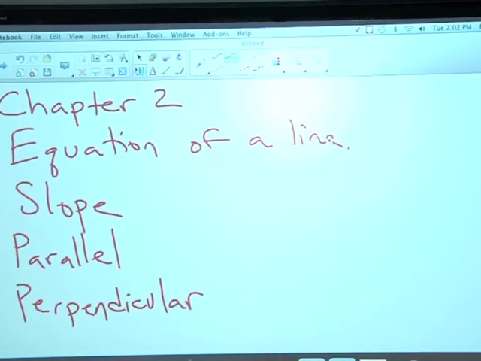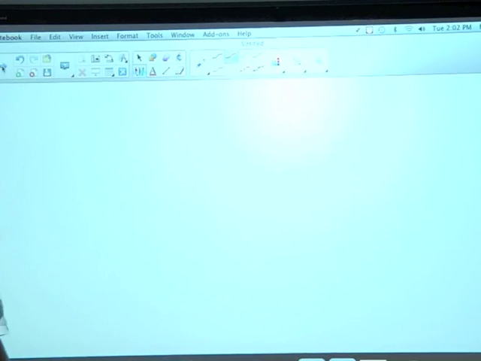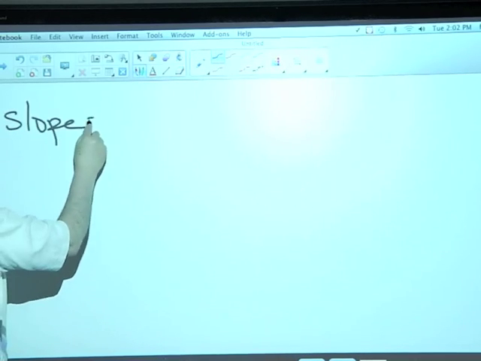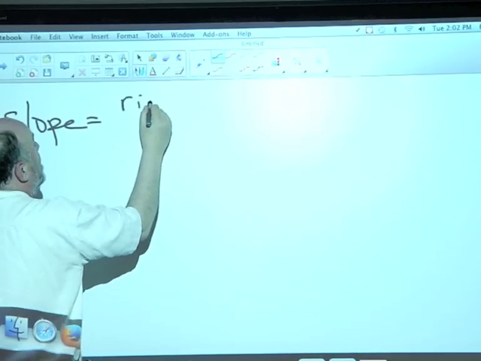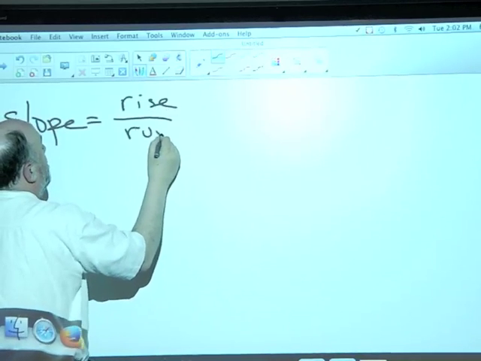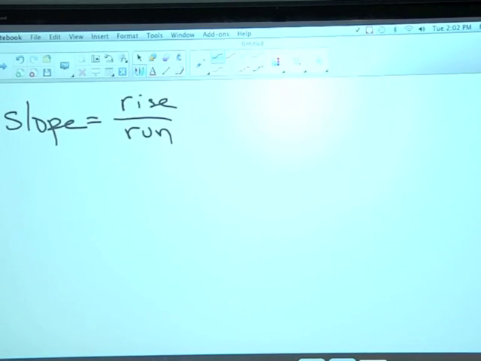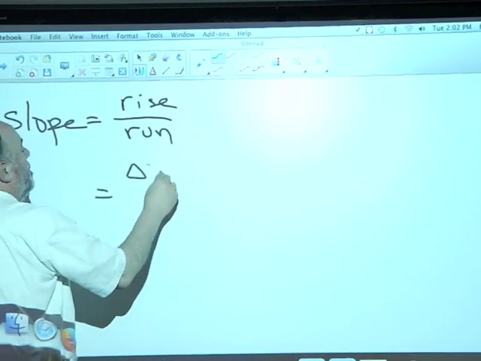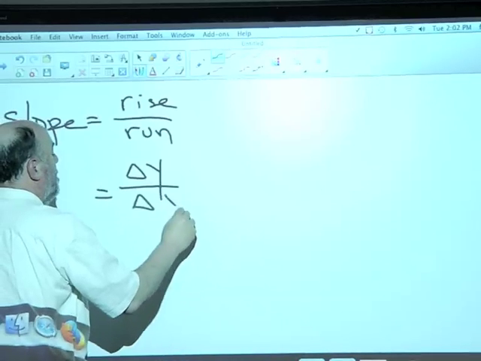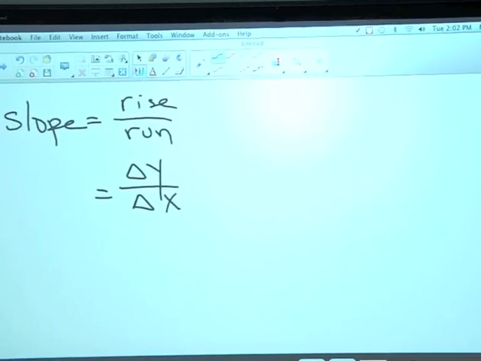So in terms of last week and also today's quiz, where we talked about rate of change, you had a question on the quiz dealing with rate of change. And we said rate of change basically is slope. Okay. So slope is given to be the rise over run, or delta y over delta x.